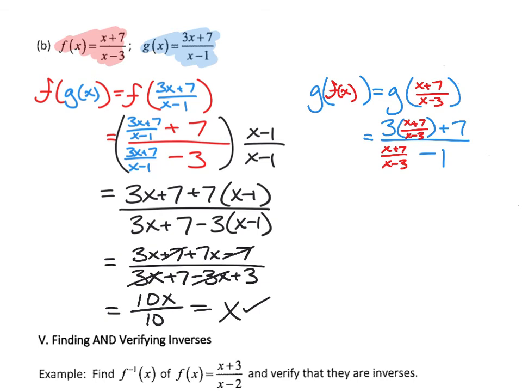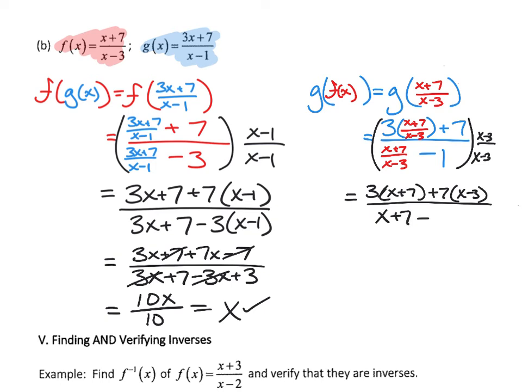We've just got to simplify because that is way too complicated to leave. So we multiply by that denominator in both the top and bottom to get our fractions out of fractions. That leaves us with 3 times x plus 7 plus 7 times x minus 3. The denominator of the first part cancels out. That's why we did this. Then we have x plus 7 minus 1 times x minus 3.